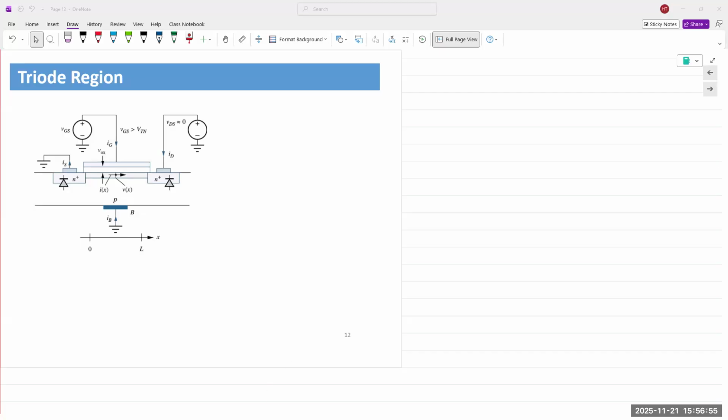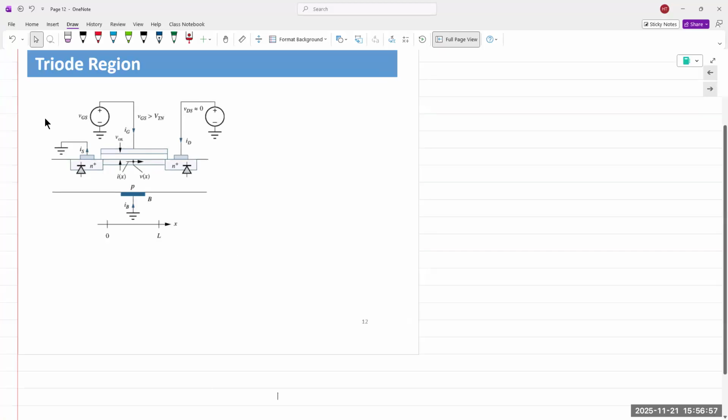This is the triode region, where you apply a voltage and you have a linear response between the drain and the source.